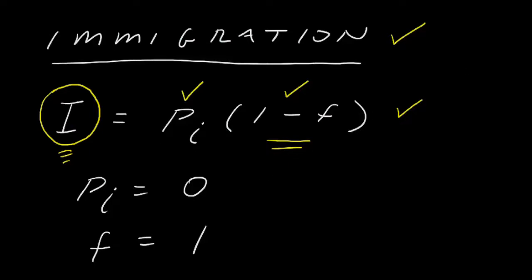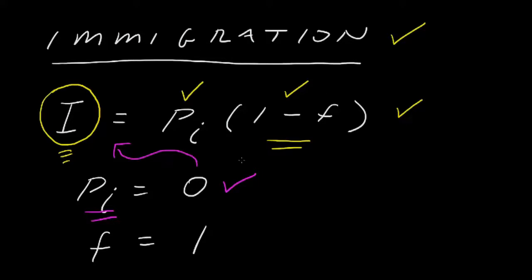A couple of important points. I think it's important to know that if the probability of colonization is now 0, so there's no chance of becoming colonized, then our rate of immigration or colonization is 0. Makes sense.